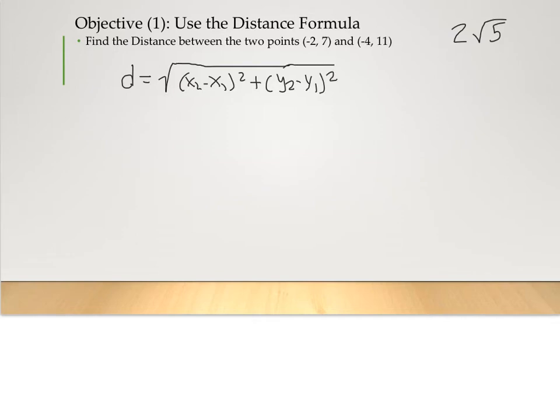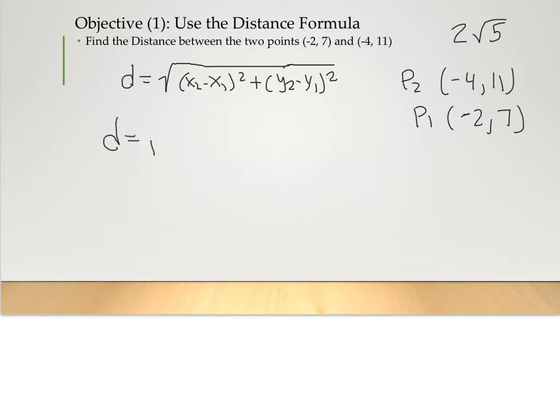Now I'm going to pick my point 2 to be negative 4 comma 11, and my point 1 is going to be negative 2 comma 7. And now I'm just going to plug the information into my formula.